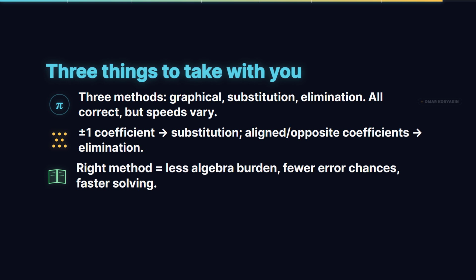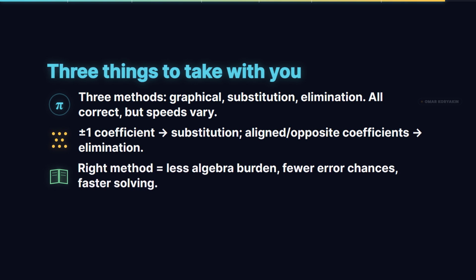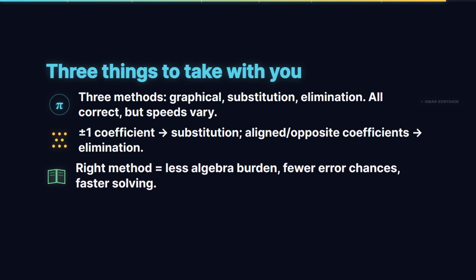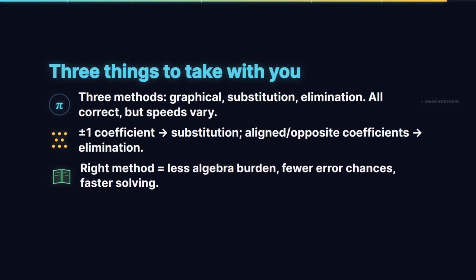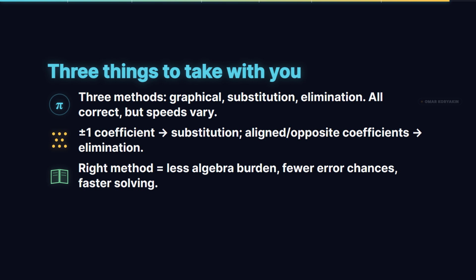After a few dozen practice problems, the recognition becomes automatic and the right method is selected in under 5 seconds before any solving begins. The right method skill is one of the highest-leverage test prep moves you can develop for any timed math exam because the time savings compound across all the system solving problems on the test.